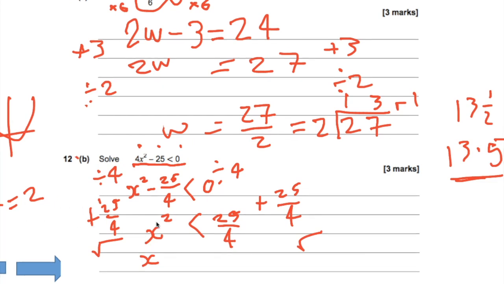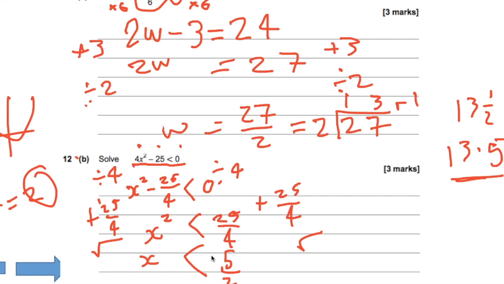The same logic applies: if we square a number and then square root it, we're left with the original. So x is less than 25 square rooted, which is 5, over 4 square rooted, which is 2. But as we've square rooted, remember it's got to be plus or minus 5 over 2.